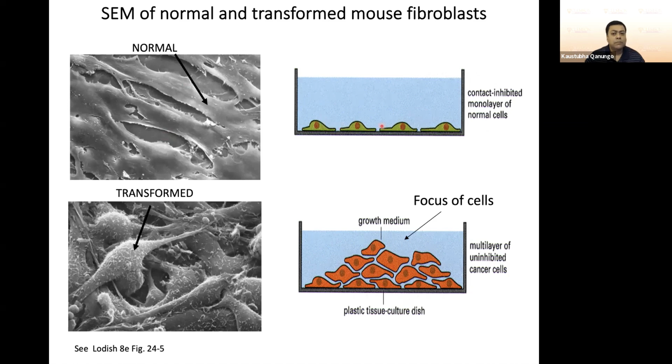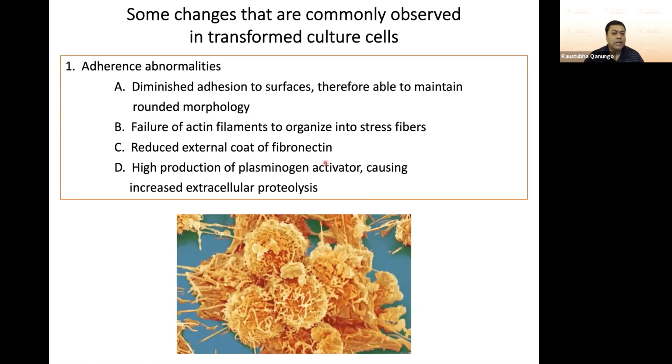Now, when you add the trypsin, it will digest those extracellular matrix proteins, so the cells will come off. On the other hand, for the cancer cells, the cells produce this plasminogen activator, which makes the cells produce proteolysis to do the same thing. So just make sure that you understand that concept.